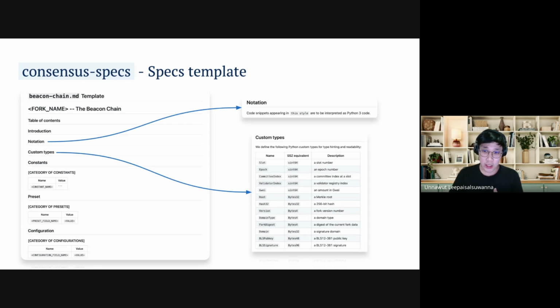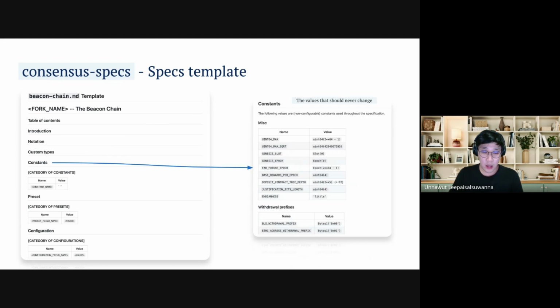You see the custom types. These are all the types that are defined in each of the spec releases. For example, this is an example from the phase zero spec itself. You can see that this is the spec that defines what a slot is, what the type of a slot is, the epoch, the root, the hash, and so on.